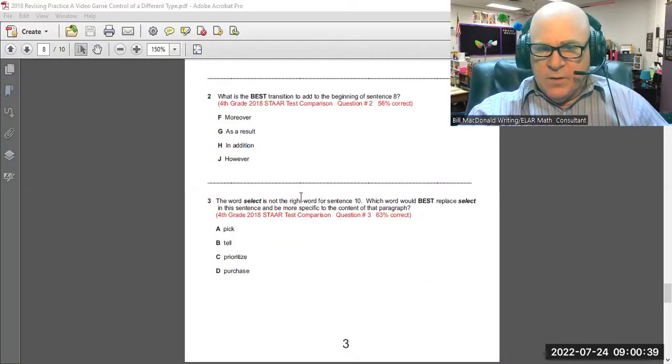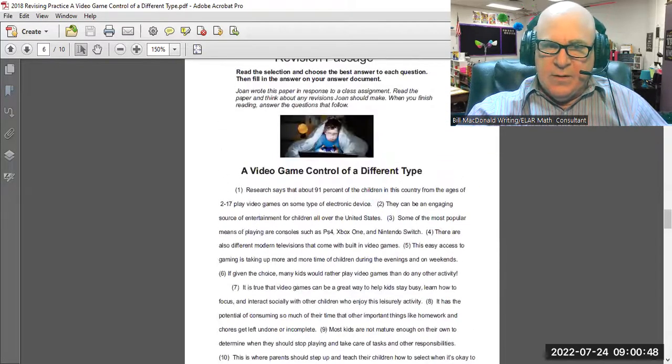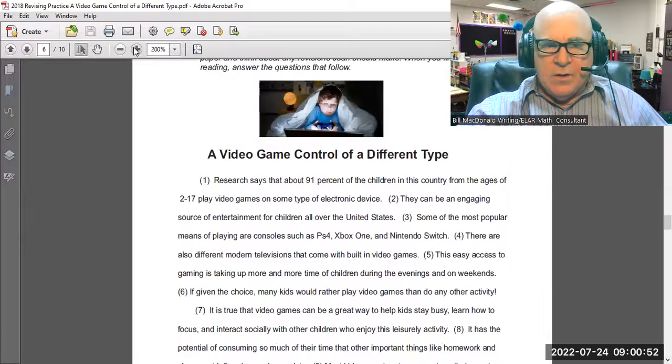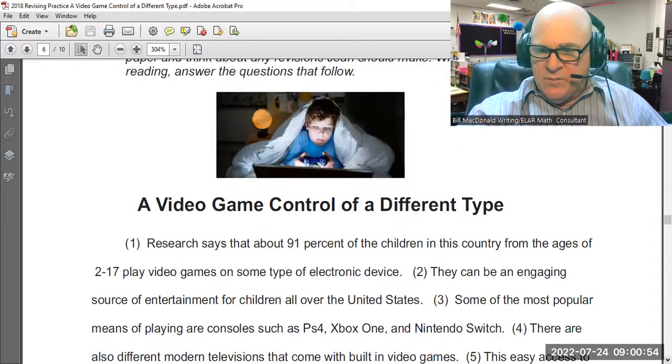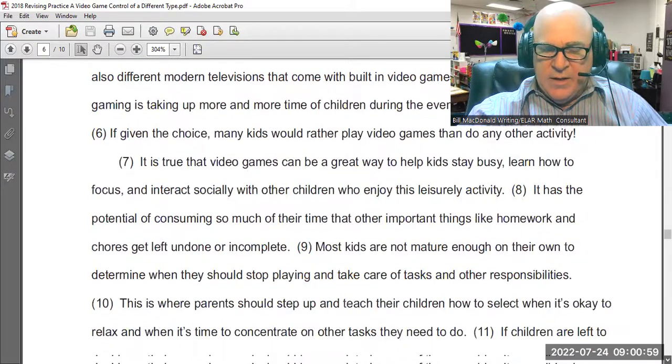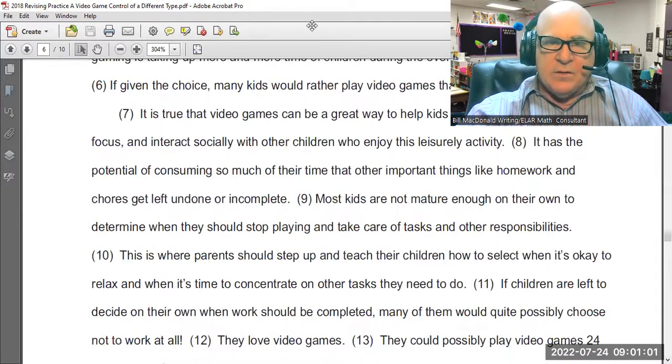Make sure, there it is. So it said pick, tell, prioritize, or purchase. So based on the context of sentence 10, here we go. Let's get it larger so y'all can see very well. Around for sentence 10. There it is. I'll annotate one more time.